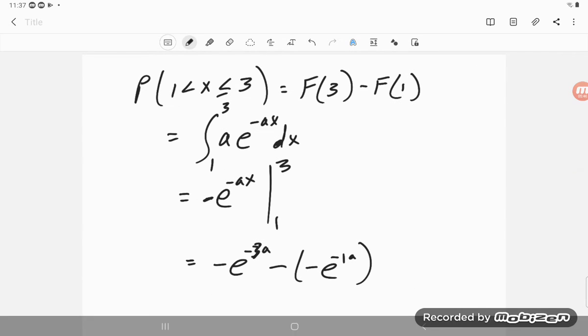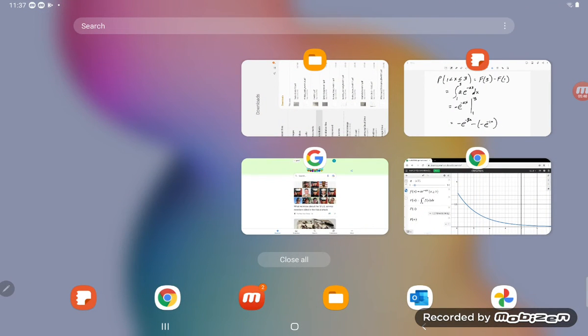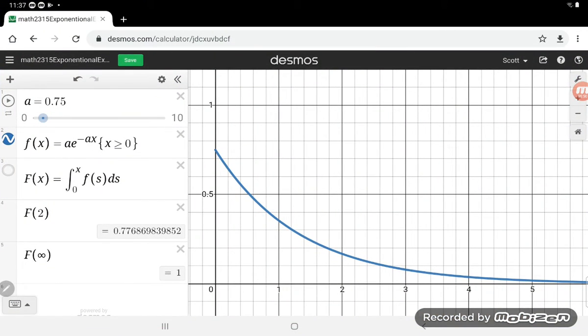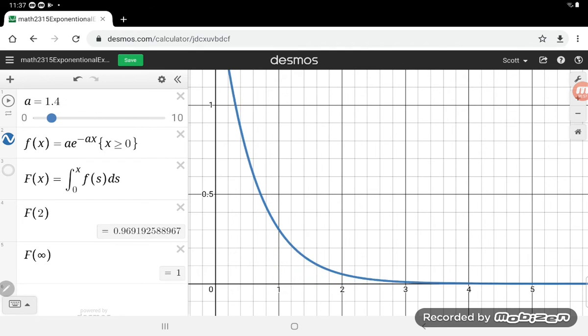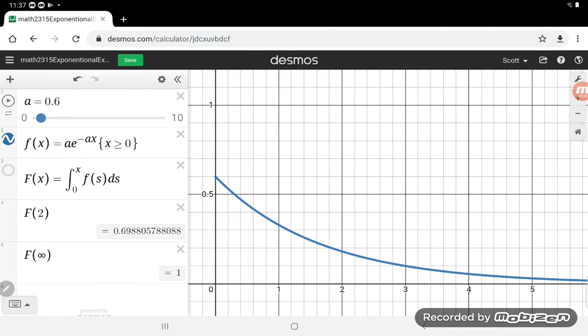Now if we go here, I've picked different values of a, and I can change those. I had it on 0.75, 0.66. And I define f of x to be a e to the negative ax for x greater than or equal to 0. And so there's the plot.